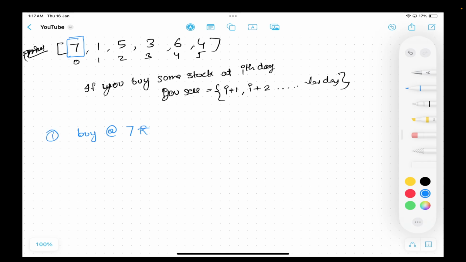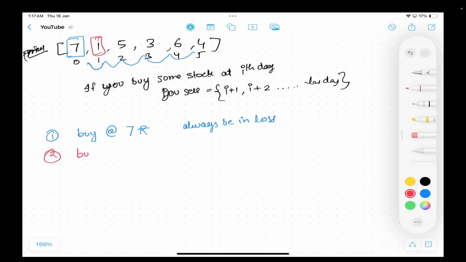When you sell that stock to get maximum profit, you try to find out which day you can sell for the maximum. If you look, there is no day where the cost of that stock is more than 7. So you will always be in loss if you buy it on the first day, meaning the zeroth day.